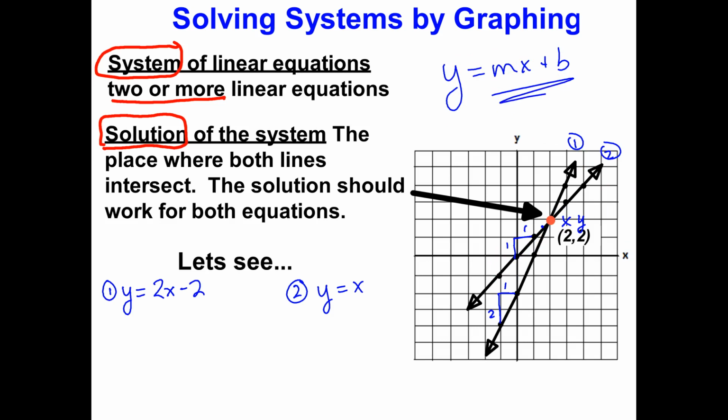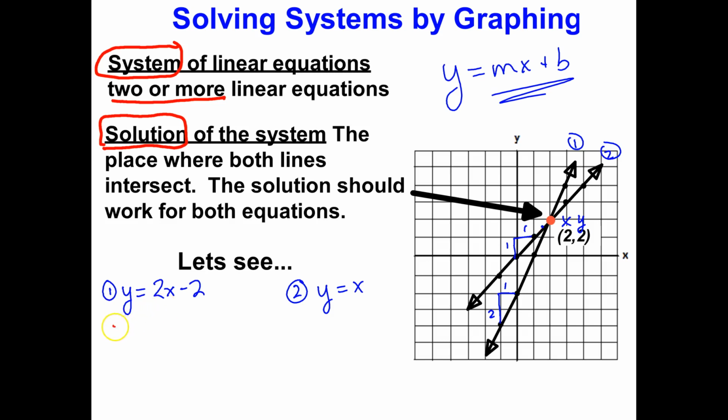So if we're saying that 2, 2 is a solution, it lies on both of the lines, then in order to be on the line, your input should match your output. That's how we make a line. Remember, we input this into the equation. It gives us the output, which gives us our other point. So let's make sure that works. If I put in 2, I should get 2. Watch this.